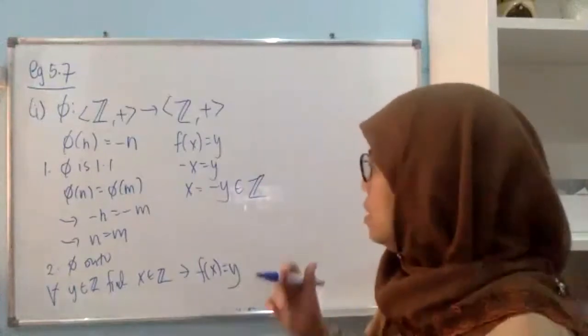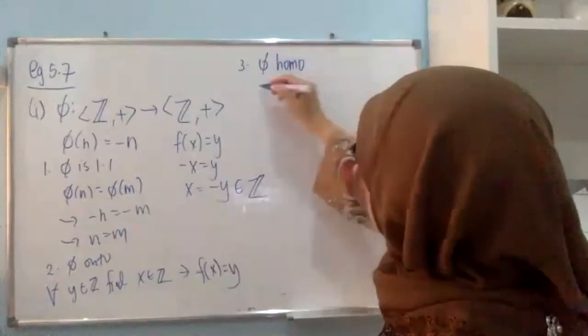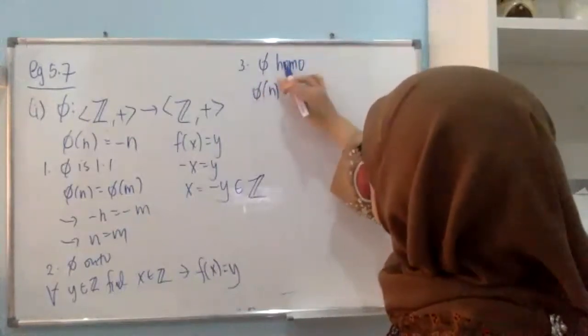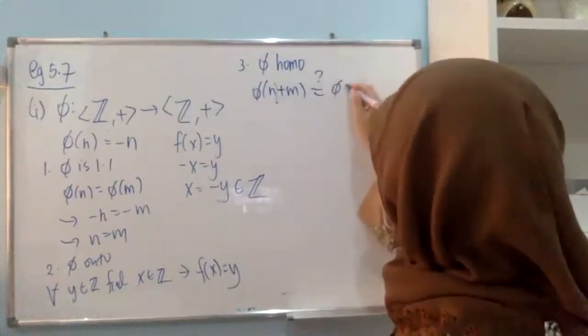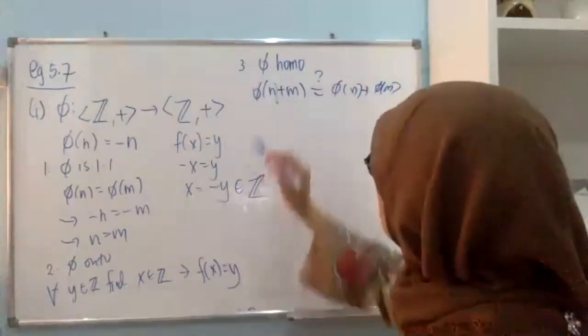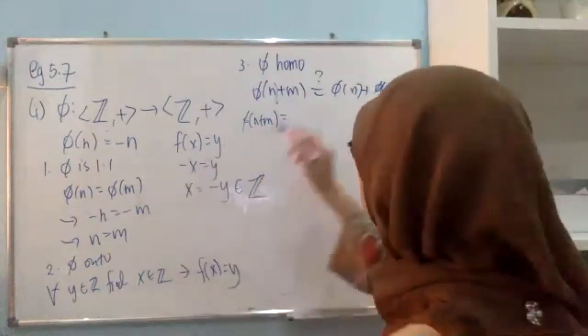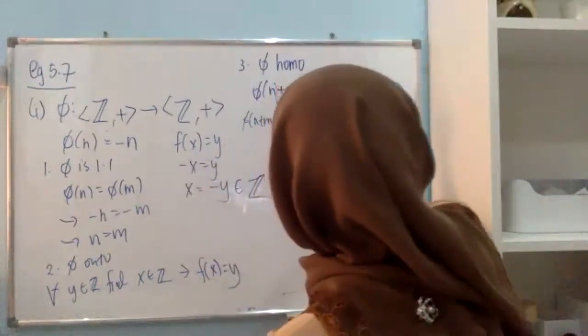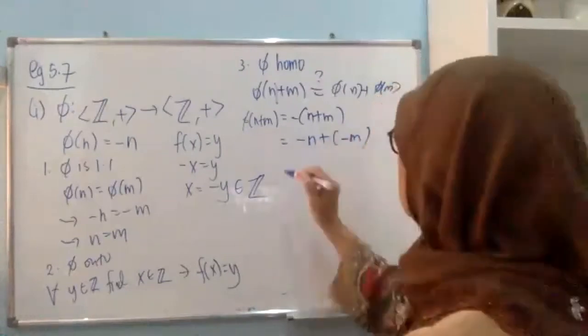And the third one is homomorphism. So phi of n plus m, is it equal to phi n plus phi m? Is it equal? So you take phi of n plus m is negative of n plus m.